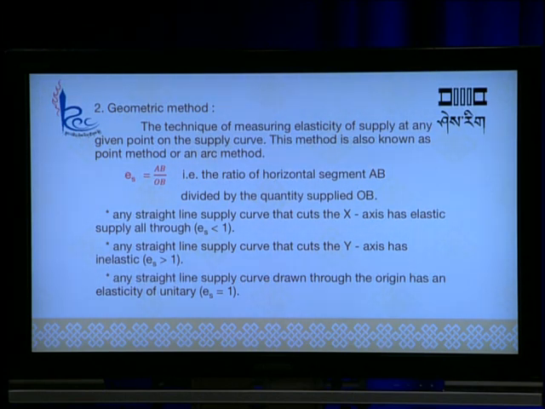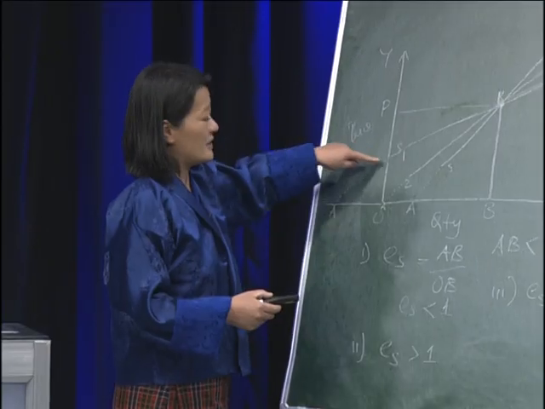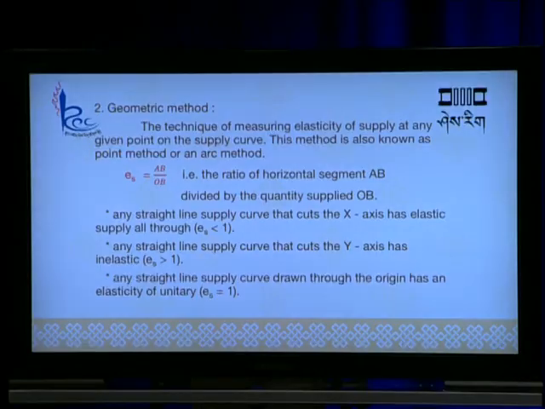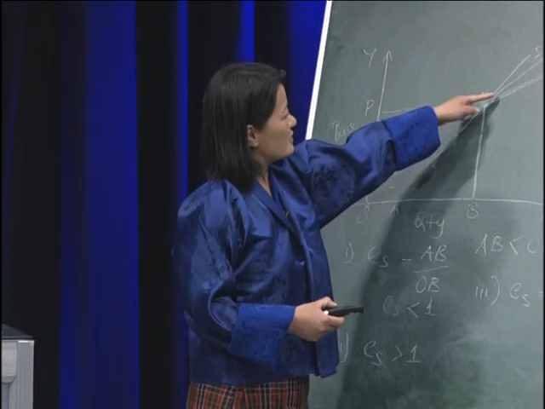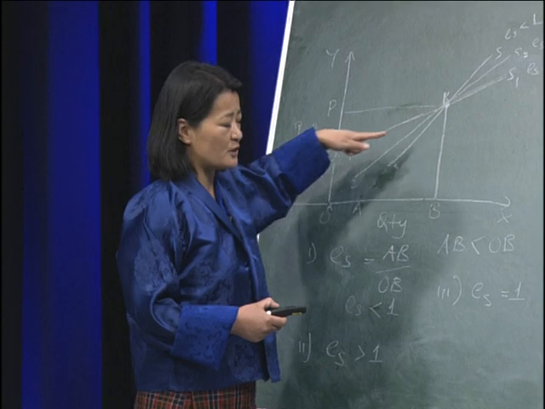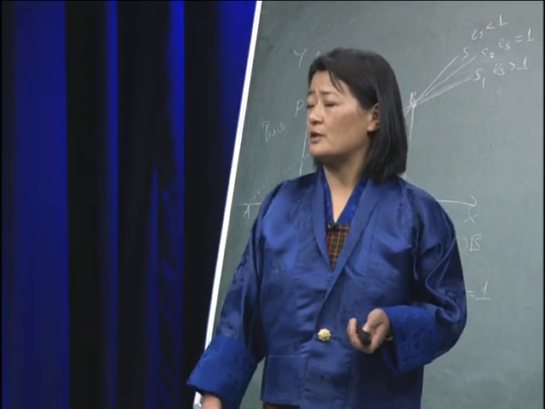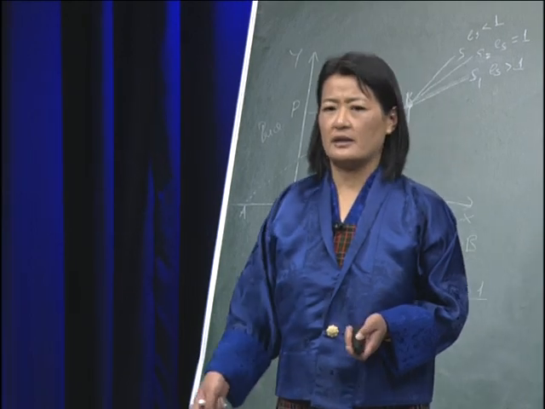Number 2, any straight line supply curve that cuts the y axis, here talking about S1, the value you will get is elastic, that is more than 1. And any straight line supply curve that runs through the origin, talking about this S2, the value of elasticity of supply is going to be equal to 1.